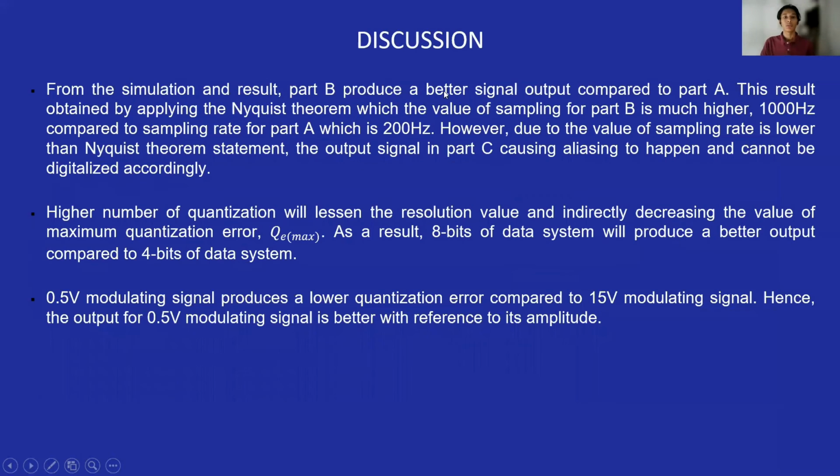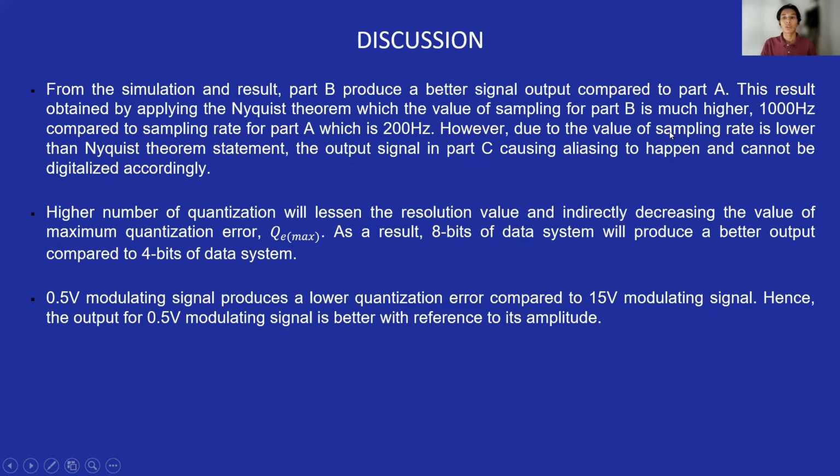For the discussion, from the simulation and results, part B produced a better signal output compared to part A. This result was obtained by applying the Nyquist theorem, where the sampling rate for part B is much higher, which is 1000 hertz, compared to part A, which only used 200 hertz.